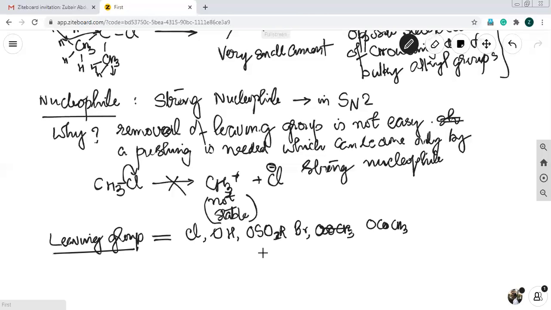All these are good leaving groups. Normally in SN2 reaction, any of the leaving groups will work. Good leaving group or bad leaving group, both will not have much of an effect. They all work. And now the next factor, we have solvents. There are two types of solvents.